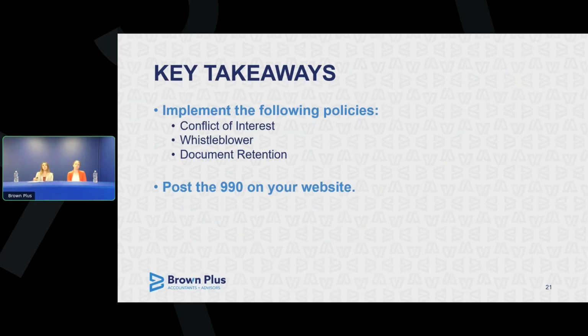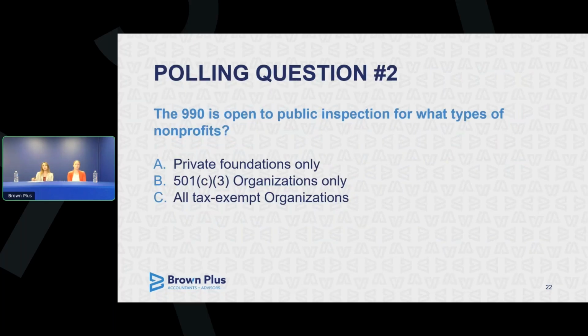And we also have some templates available if needed, so you can reach out about that. But also post your 990 on your website. As we talked about, it's available on multiple different sources, so donors can get it regardless, but putting it on your website just makes it more transparent for them, but also you'll get the points.